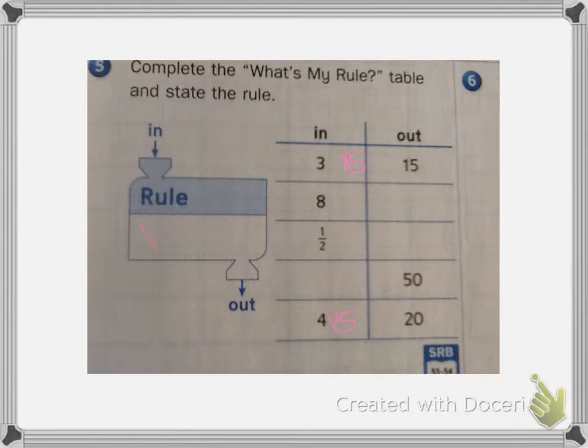So the rule is to multiply by 5. 8 times 5 is 40. 1/2 times 5 is 5 over 2, or 2.5. And since the rule in to out is times 5, the rule out to in would be divided by 5. So 50 divided by 5 is 10.